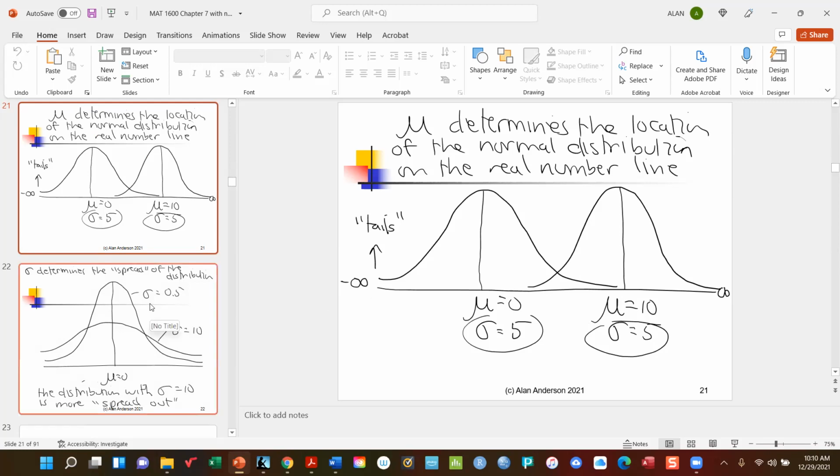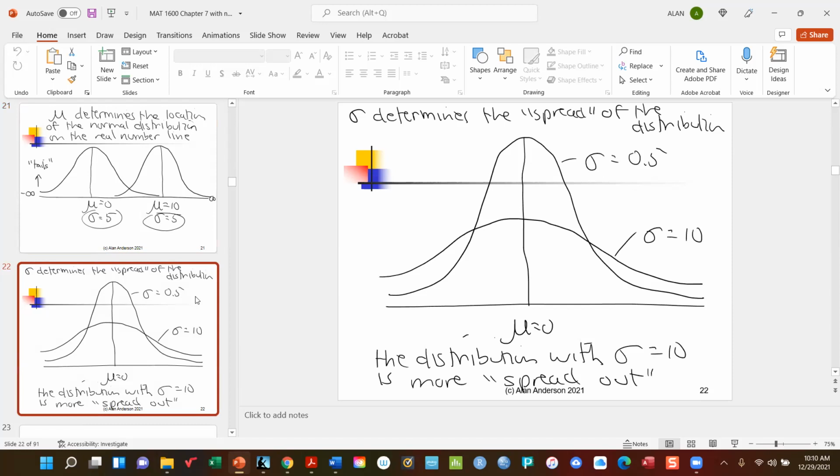But on the other hand, if we have two normal distributions that have the same mean but a different standard deviation, then the shapes are different. Now, although both of these curves still have that same basic bell shape, the one in the center with a very low standard deviation of only a half is very tall.